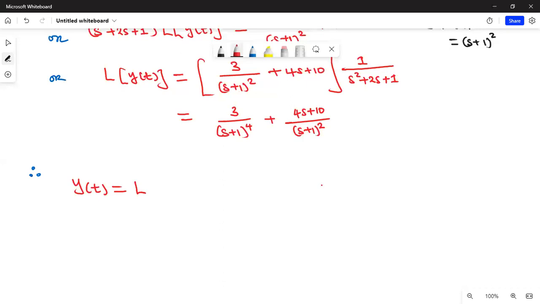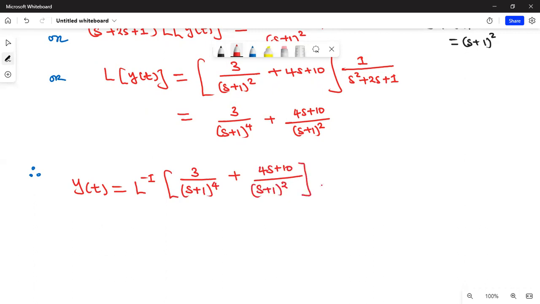So it will be L inverse of 3 over s plus 1 raised to 4, plus 4s plus 10 over s plus 1 raised to 2.